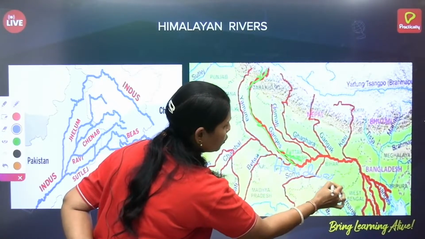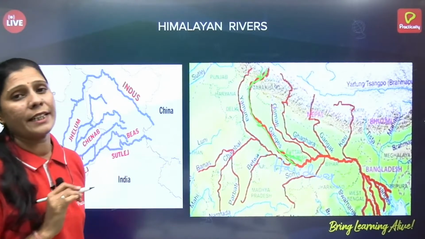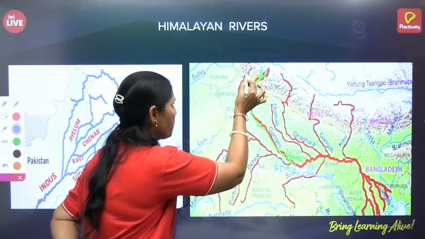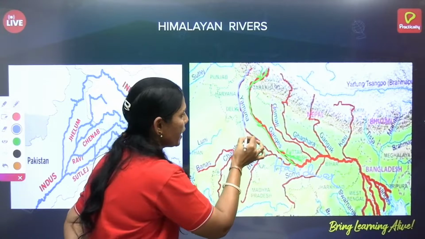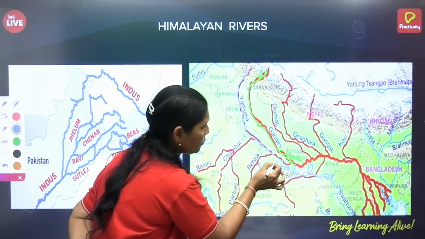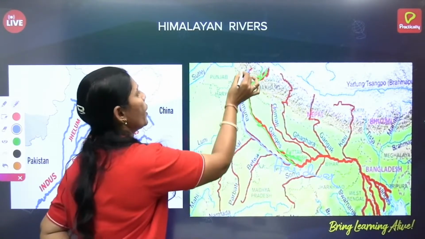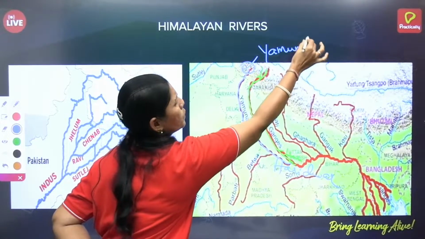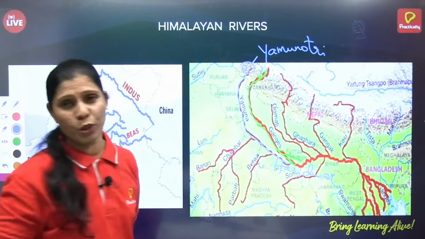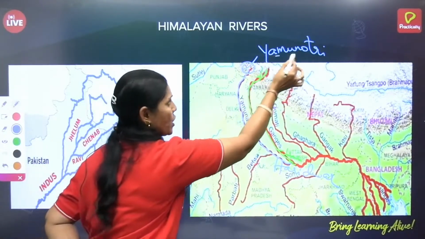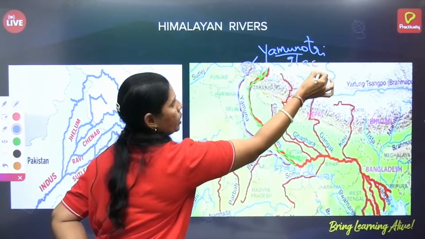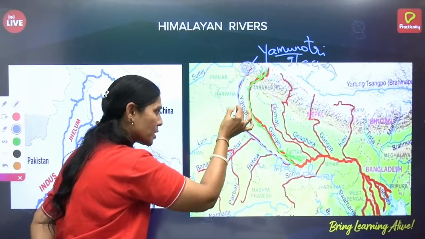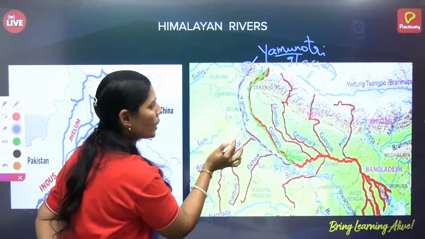At Haridwar, the Ganga enters the northern plains, and at the same time one of its tributaries, the Yamuna, which originates from the Yamunotri Glacier, moves on its journey parallel to the Ganga.